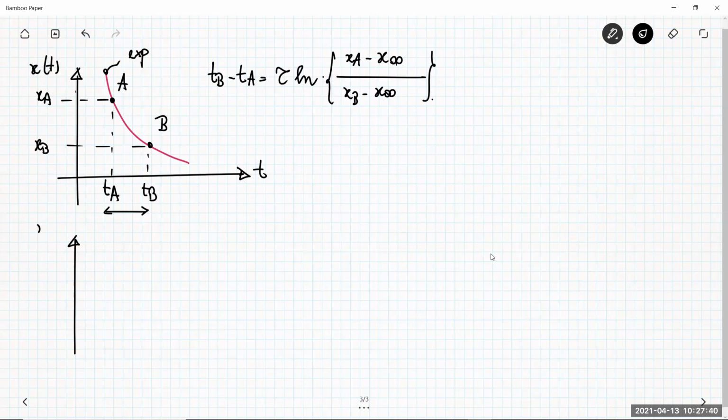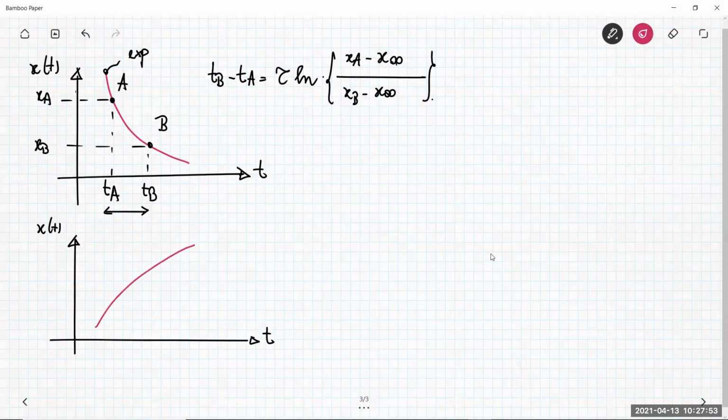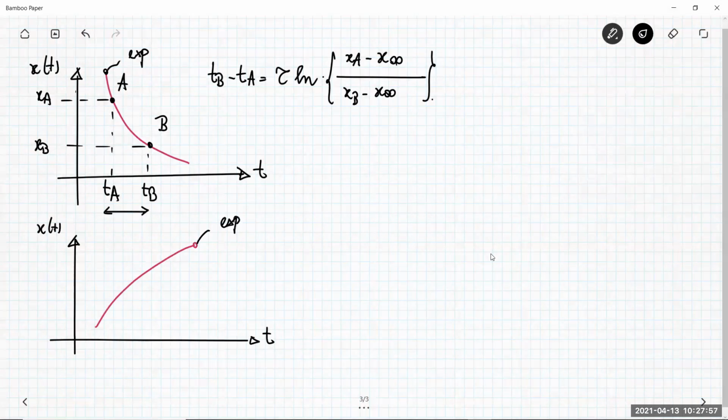Just to complete this discussion, and also because we will employ another derivation later, see what happens when you have an exponential function again, but an increasing exponential function, like this way. Again, we have 2 points, C and say D. So we have a time Tc and a time Td.